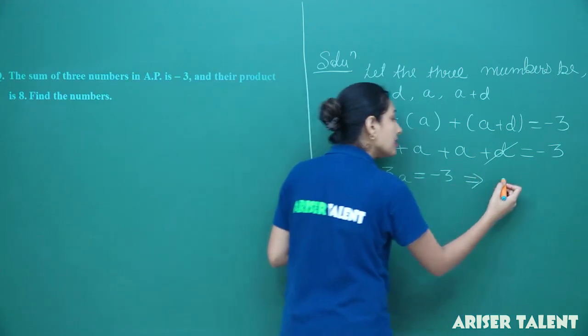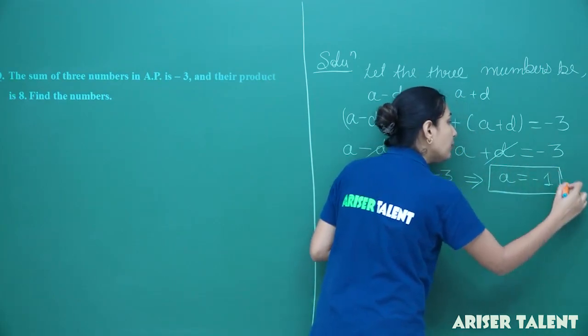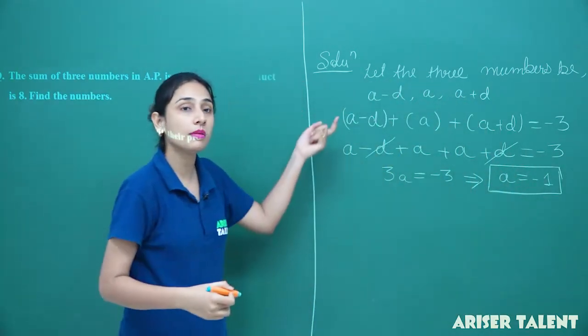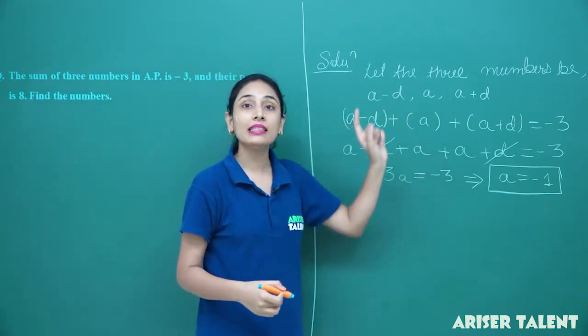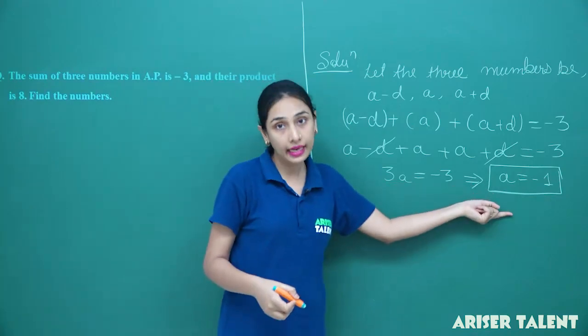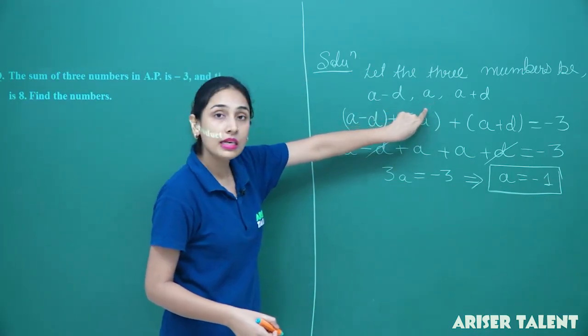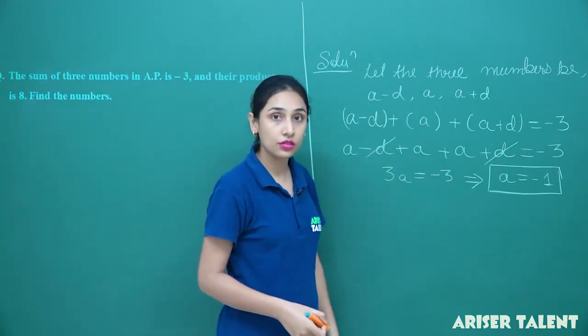What this implies is A equals -1. So what is the benefit of taking these terms? When you sum them, the D will cancel out, and you will be finding the term A. In that case, the middle term A is -1.